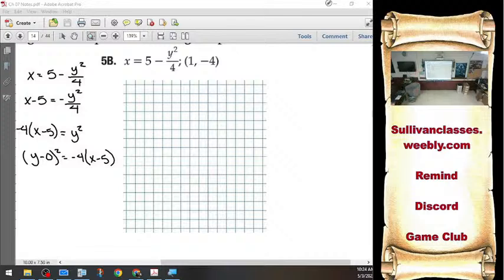At the very least, you got to get your equation right. Subtract 5, multiply by -4. Don't distribute, leave it in the 4p spot.